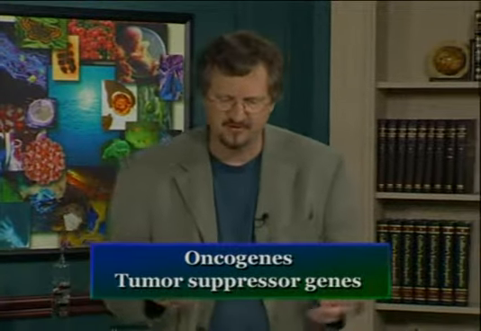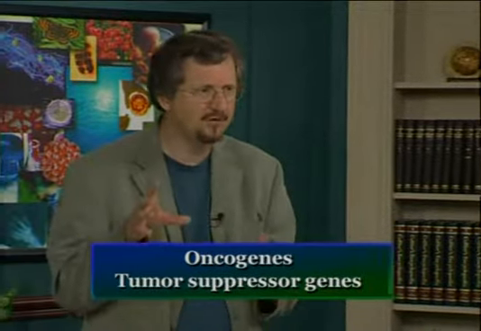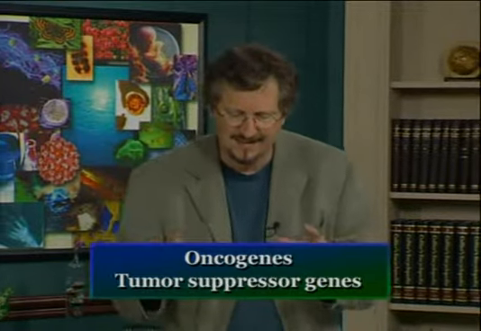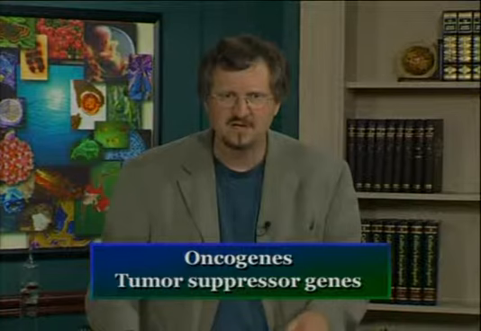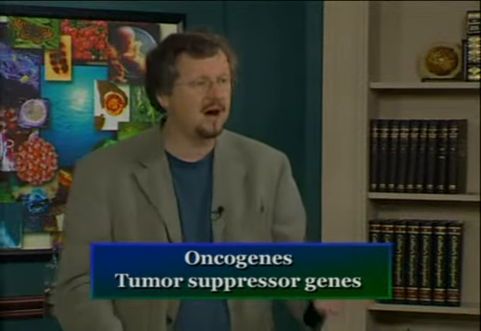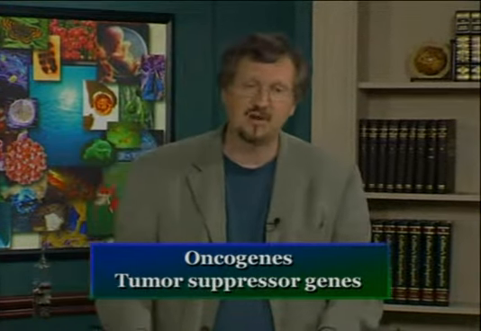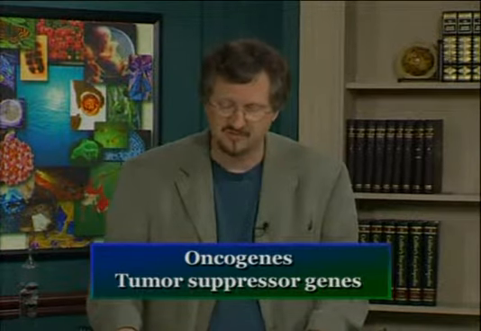Usually these cancers are caused by damage to certain classes of genes. These are called oncogenes and tumor suppressor genes. These genes code for proteins that are involved in regulating the way that cells normally divide and reproduce. These proteins essentially act as on or, in some cases, off switches for normal cell division.